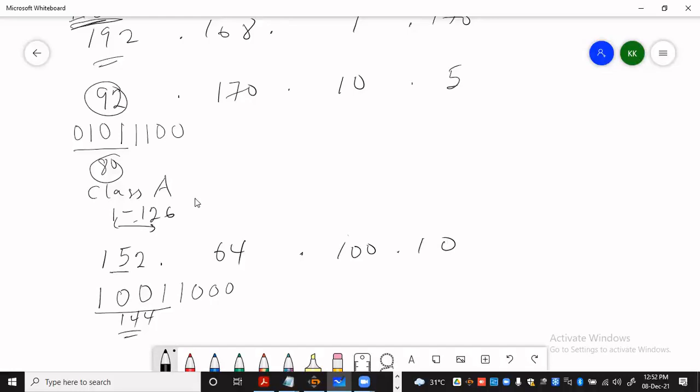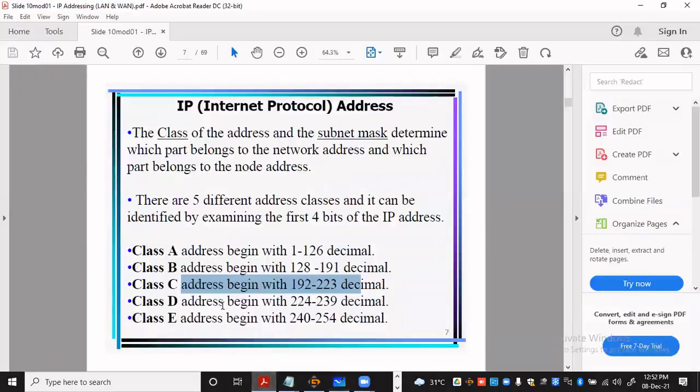144 and 152 all fall within a class what? A class B IP address, right? Because class B is from 128 to 191.